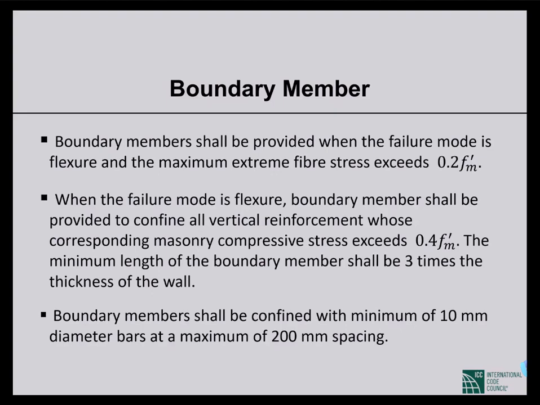Now, when we have to use boundary members, if the failure mode is flexure, in that case, if the maximum extreme fiber stress, that is flexural fiber stress, is 0.2 FM prime, then we have to use boundary members to take care of the extreme stresses on two ends of the shear wall.